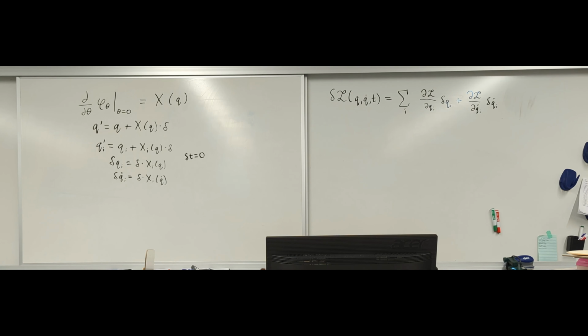So the next thing that we're going to say is that instead of just transforming any trajectory, we're going to specifically look at transforming trajectories that were physical, so the ones that solve the Euler-Lagrange equations.